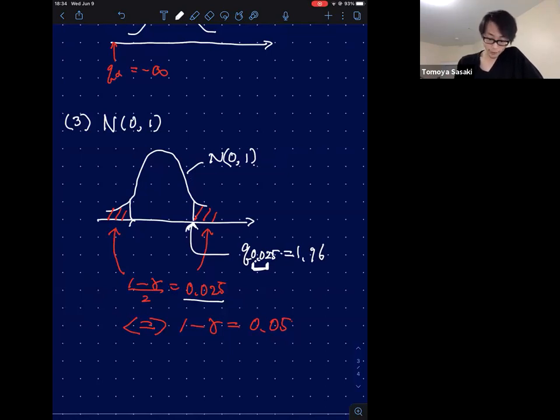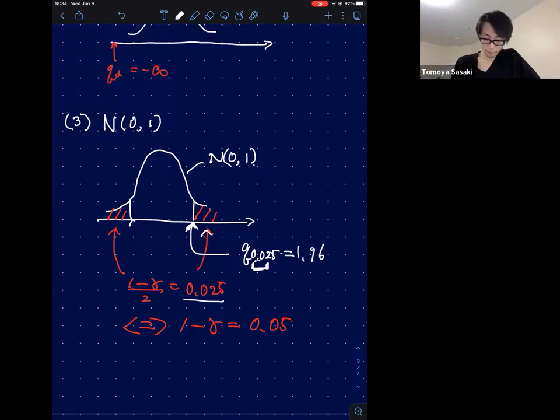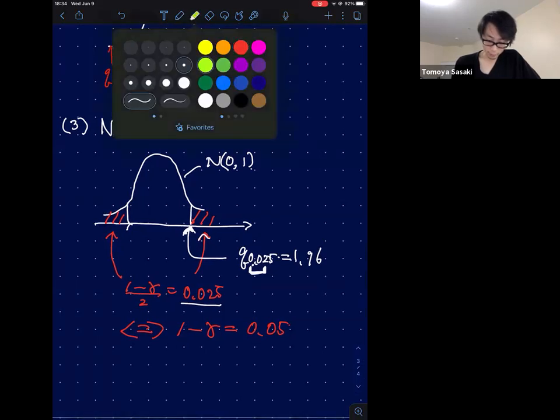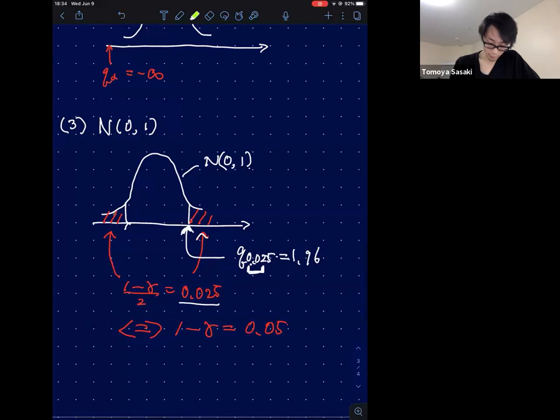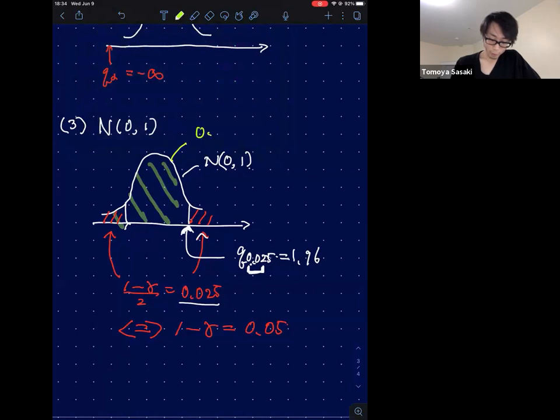This is 1.96. And which means that this part should have this distribution 0.025, which means that the other area, let's use different colors, this area should have 0.975, including this tail.